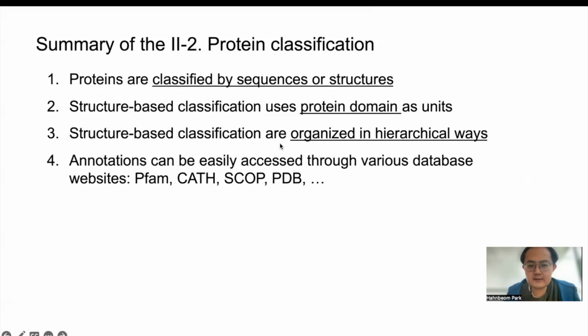And we learned that the structure-based classifications are built and organized in a hierarchical way, starting from broader definitions to detailed definitions. So each protein has four-level definitions, starting from class to the lowest level. And you can easily access these annotations of your protein by going to one of these websites. You can get all this information, including which class your protein belongs to.